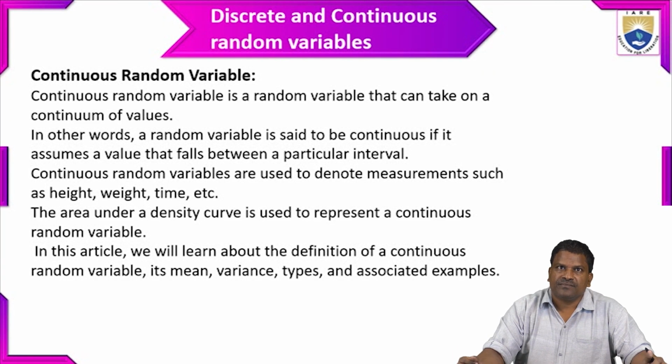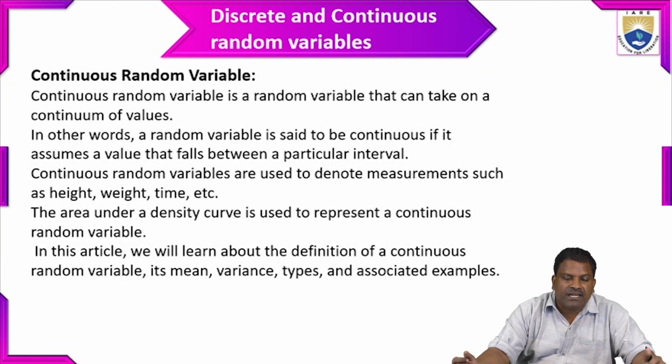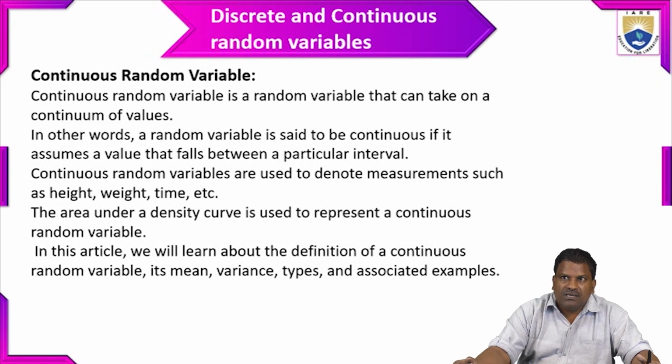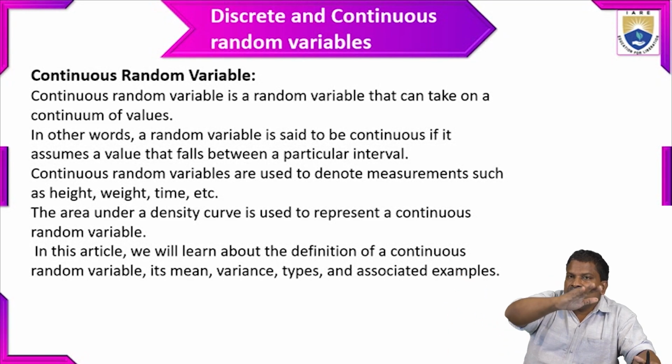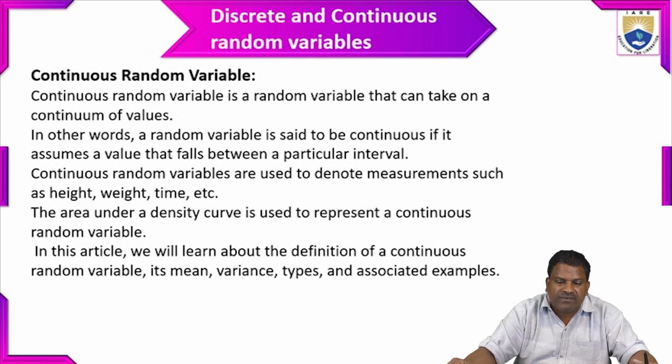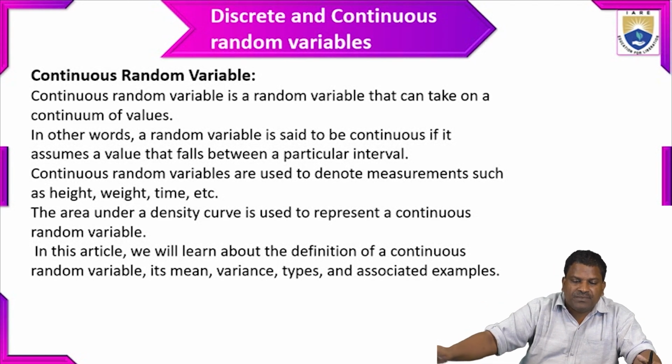So here let us see what is continuous random variable. A continuous random variable is a random variable that can take on a continuum of values, where height, weight, whether 161, 162, 163, 161, 162.3, 162.4, depends upon that variation. Continuum.